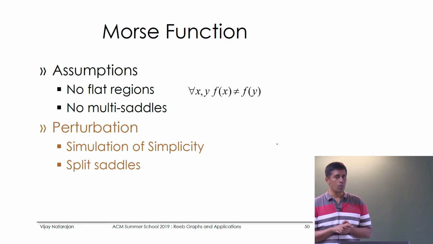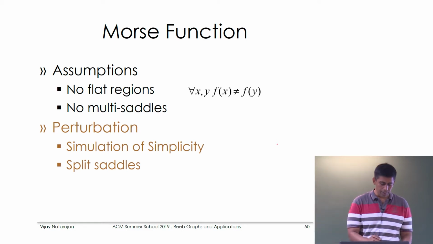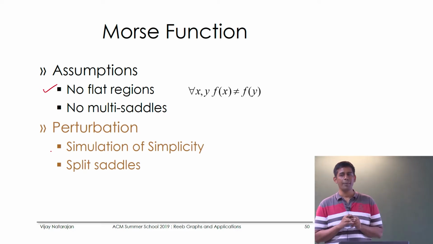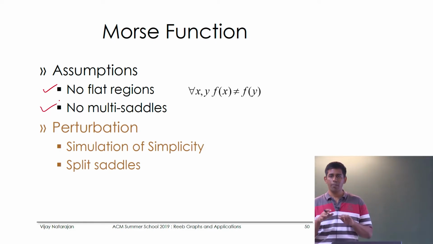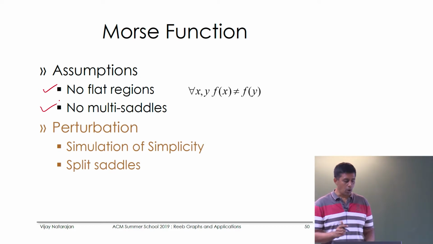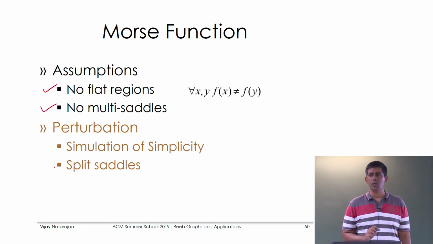Now, why are these assumptions valid? We have a way to uniformly address the first point, using a technique called simulation of simplicity. This does a small perturbation, and with that you can ensure that in your data no 2 points have the same function value. And the second, no multi-saddles, can also be handled explicitly by essentially the same algorithm or by splitting the saddles into simpler saddles.